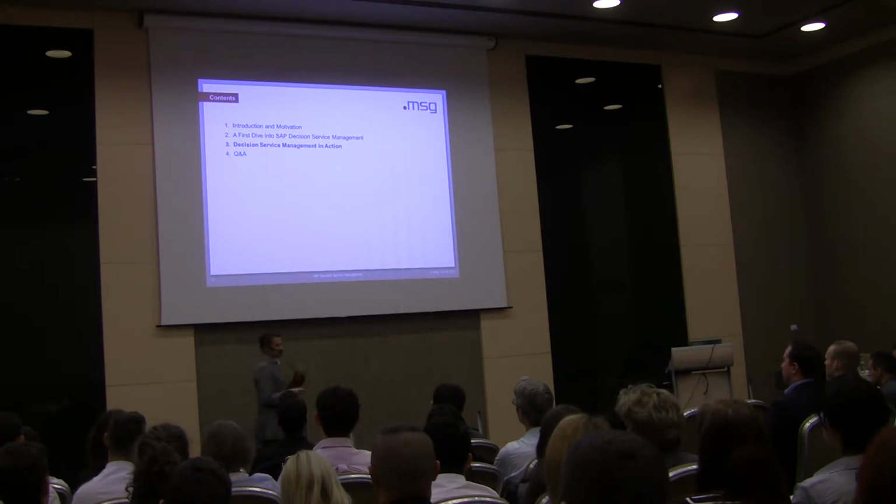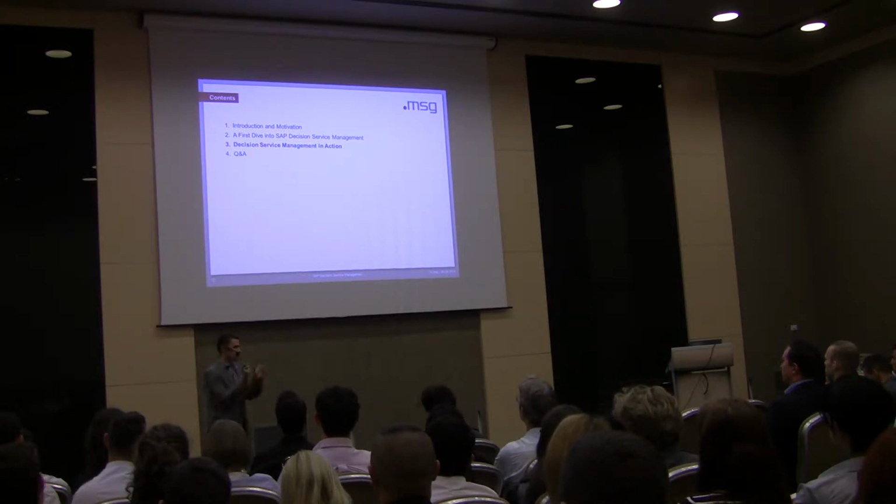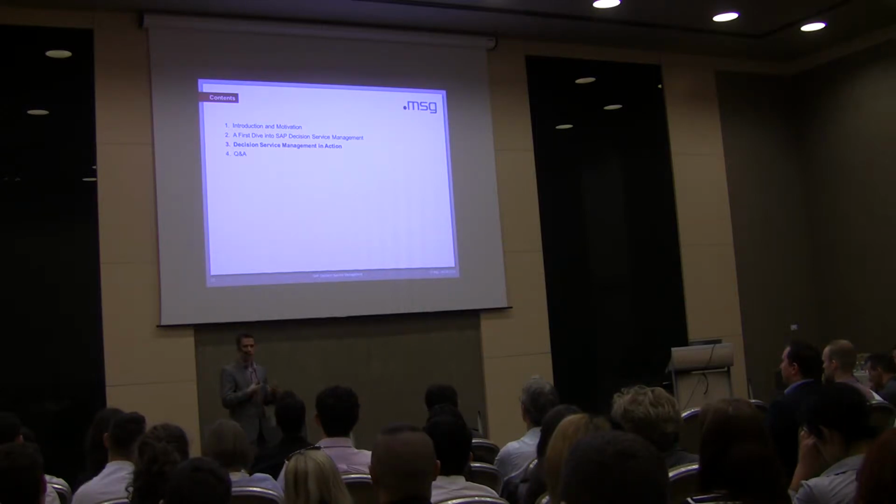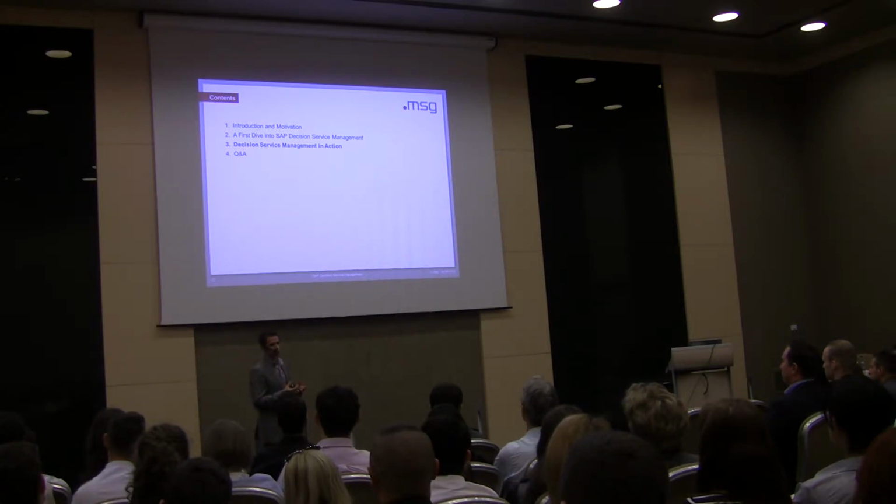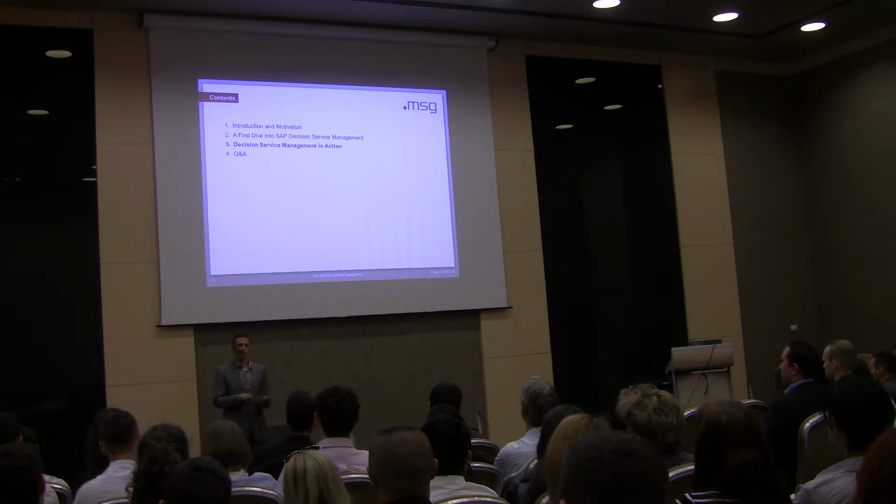We will take a look at what has to be done within ABAP and what has to be done within the decision service management. And these two facts will then be compared concerning the readability of the stuff, so the enablement of the business, and concerning the coding effort. Because the more coding effort you have, the more coding you create, the more maintenance work you will have to do, and the more cost will arise.